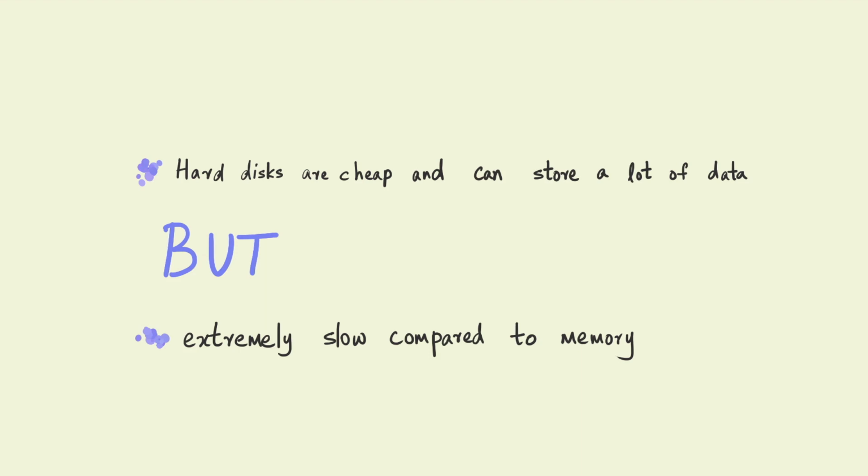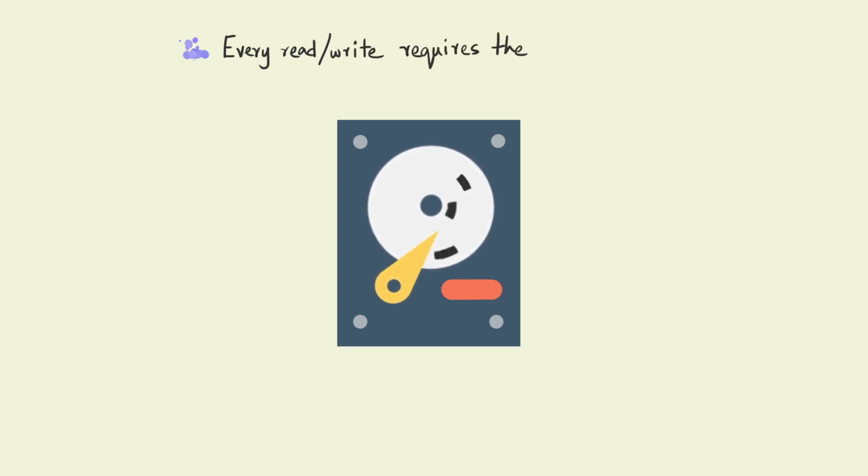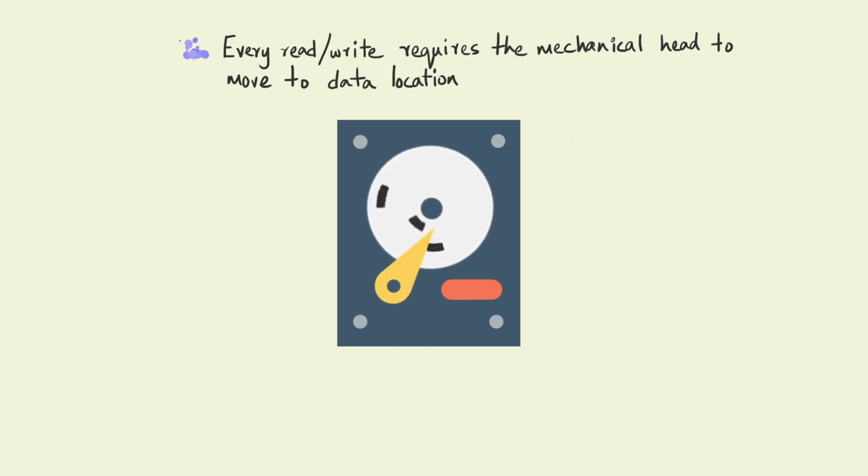This is because hard disks are generally block or page addressable, meaning that we can only access data from hard disks in blocks of 4 kilobytes each. And anytime we need to read this data from the disk, this entire 4 kilobyte page needs to be read by a mechanical moving head on a spinning disk and loaded into memory.